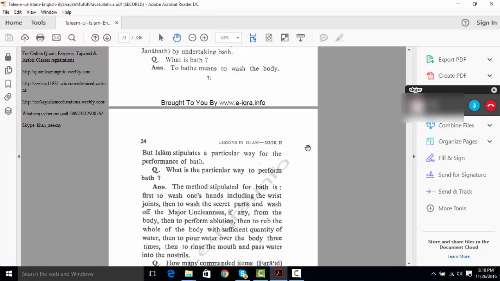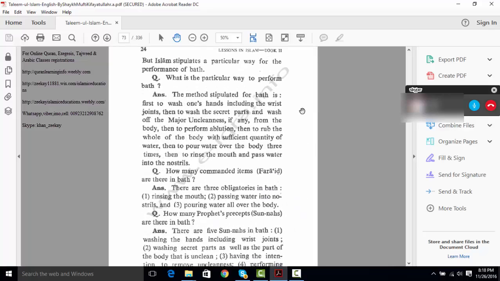It is described in Islam, and we'll discuss that way inshallah in next questions. So you can say briefly that bath in general just means to wash the body, but in Islam there is a particular way to have ghusl, to have bath.